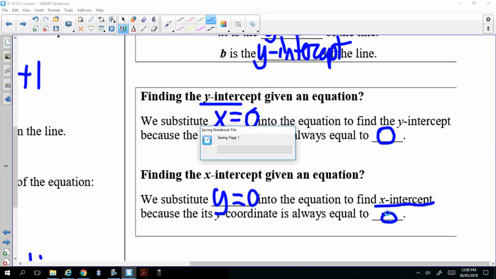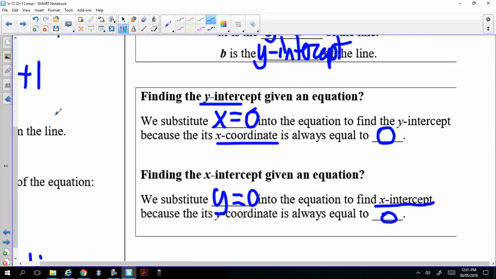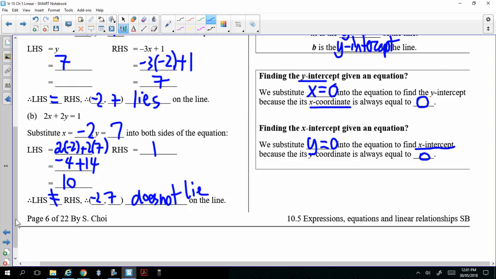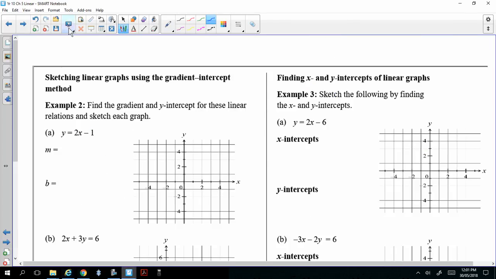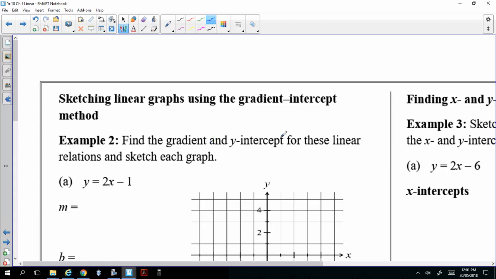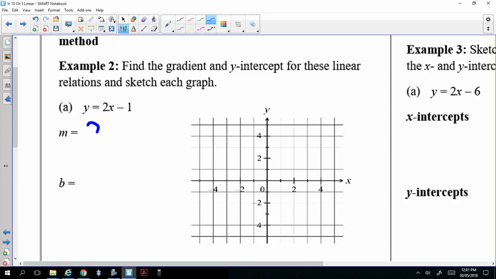Alright, so now we're going to draw some graphs. Most of these you learned last year, so we'll just revise very quickly how to draw this. For this one you need a grid paper, so you can tell what the gradient is and what the y-intercept is. -1 is the y-intercept, 2 is the gradient, and the gradient is rise over run, 2 over 1.